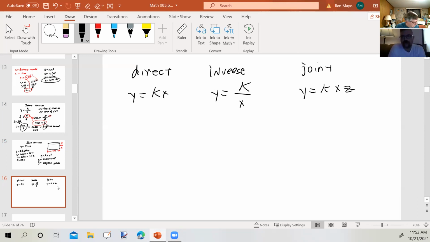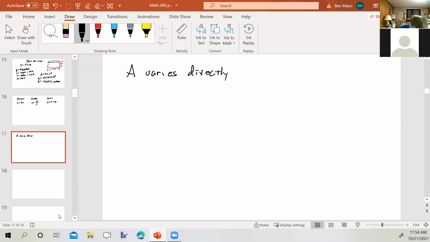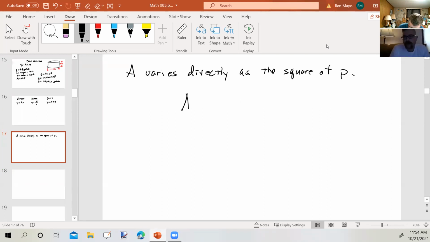Okay. Now, what I want to do is go through and read a sentence and then translate that into a formula with the variables. So this first one says, express each verbal model in symbols. A varies directly as the square of P. So A equals K P squared.